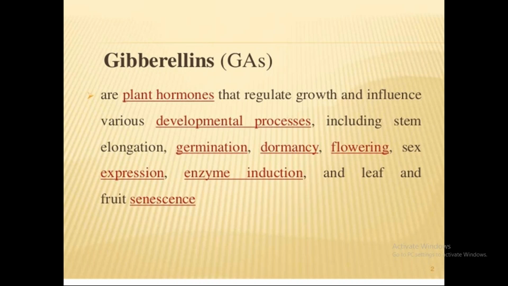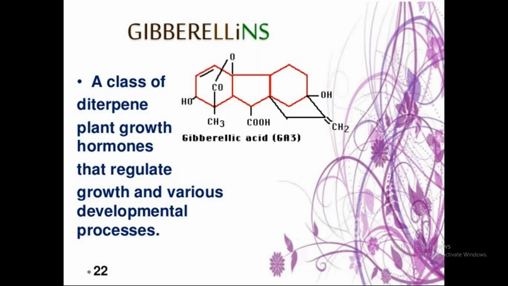So gibberellins are plant growth regulators which regulate the developmental processes. All the developmental processes are regulated with the help of the gibberellin hormone. The basic functions are regulated by it. Then the next question that comes to our mind: gibberellin hormones are diterpene plant growth hormones.